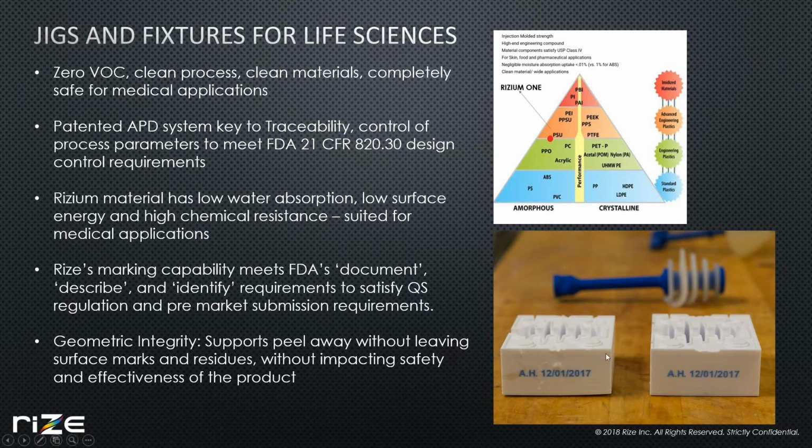So when you create molds out of Rizium, you don't have to put any mold release agents. The parts come out very easily. So not only is it good for jigs and fixtures, it's actually a very good use case for molds and mold creation. Obviously, in this case, these are low temperature hardening materials. And you can see a part that, in this case, ConMed has created.